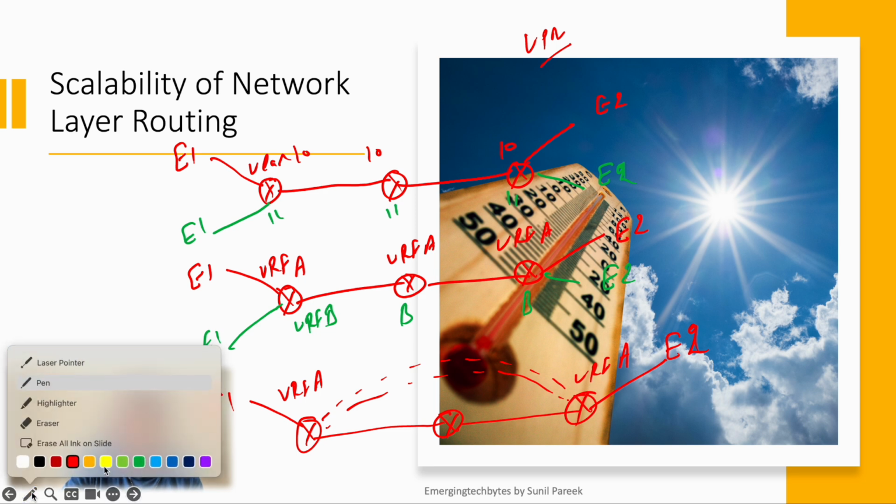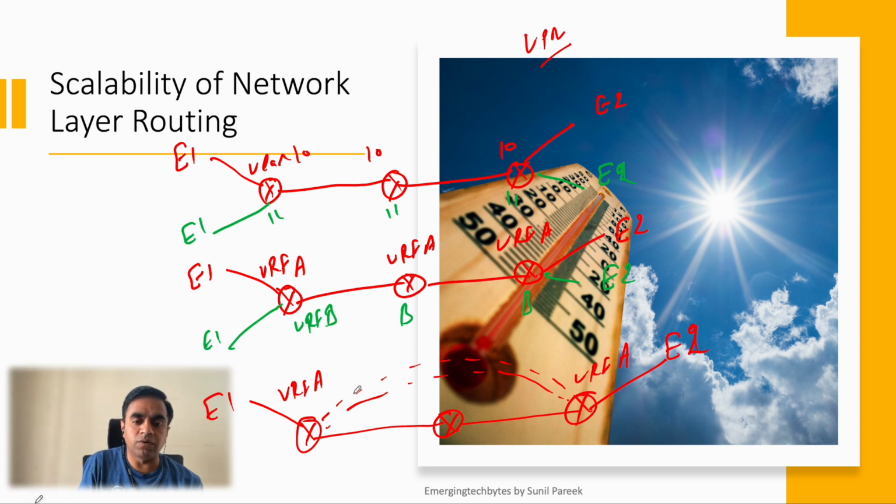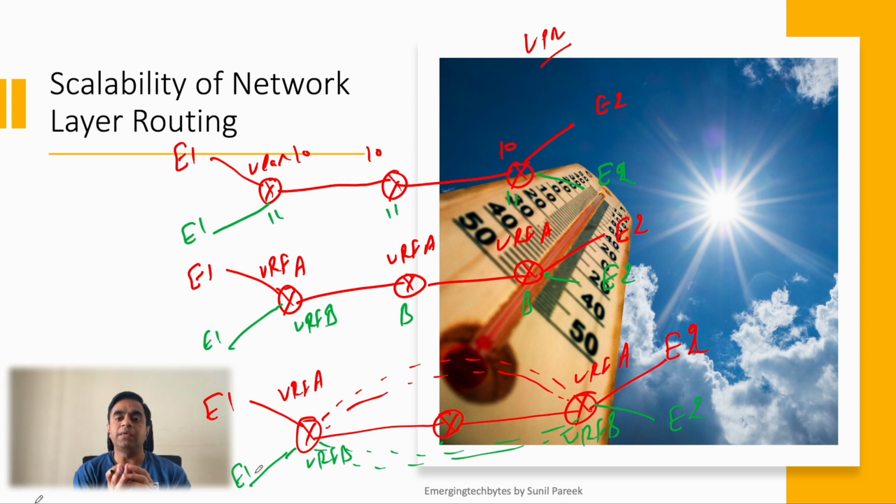The same methodology goes for the green VRF also, which is VRF B, VRF B, and then you have some sort of tunnel created, and your E1 and E2 can talk to each other.